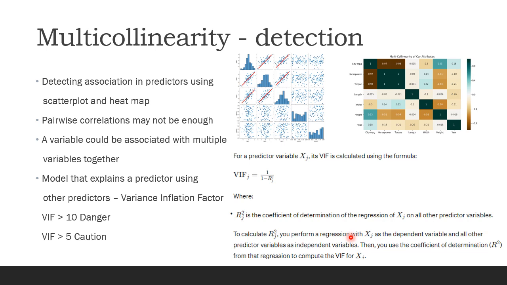We do this repeatedly, taking one variable as the target variable and the rest as independent variables, and we calculate the R squared. Using that R squared, we calculate VIF, and with the range of VIF, we understand whether this particular variable is too much related to any other variable in the existing set.